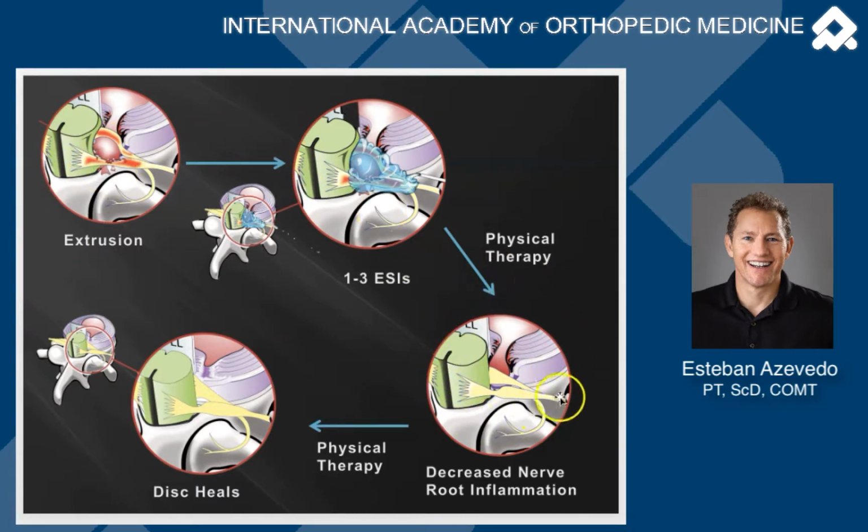That decreases the nerve root inflammation. Then finish up your physical therapy, and the disc finishes healing. The body is designed to heal. We are really good healers, but sometimes it needs extra help. It might need medications. It might need injections. It might need physical therapy. So think of several different approaches, especially the longer you've had symptoms.